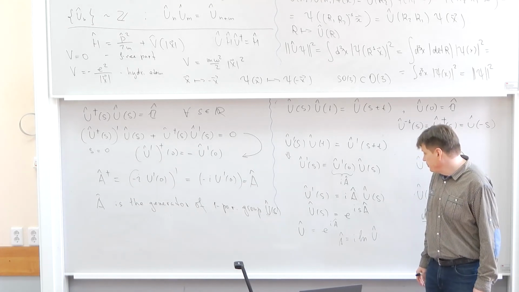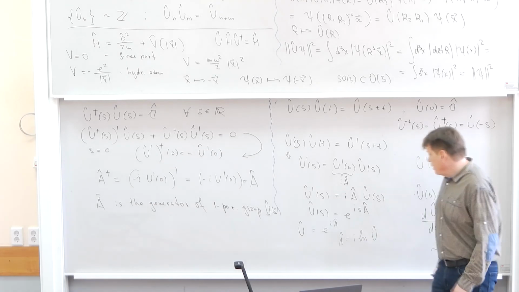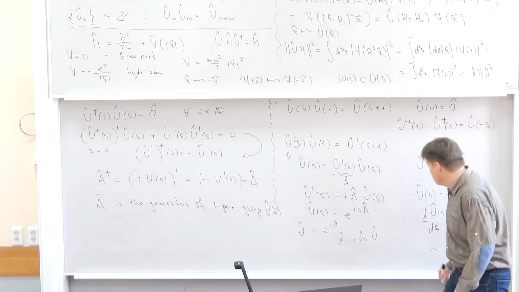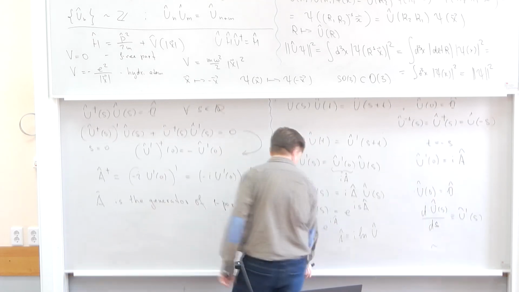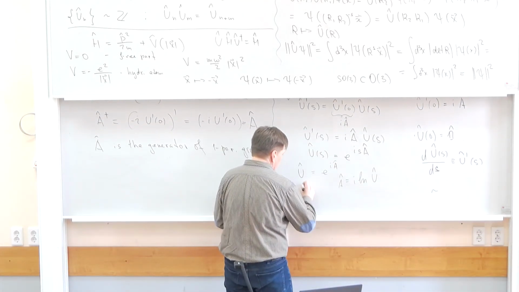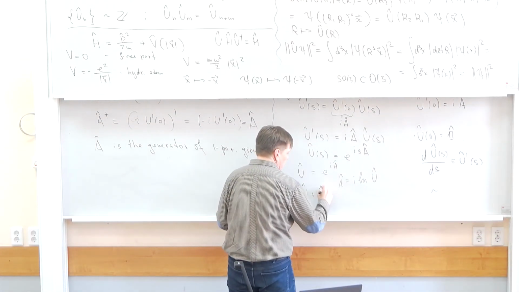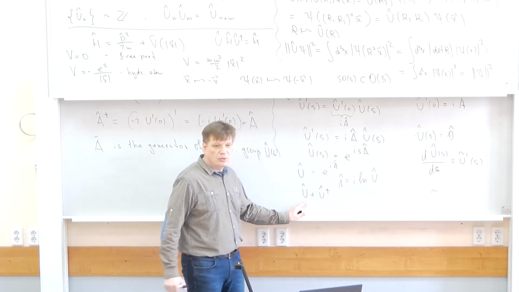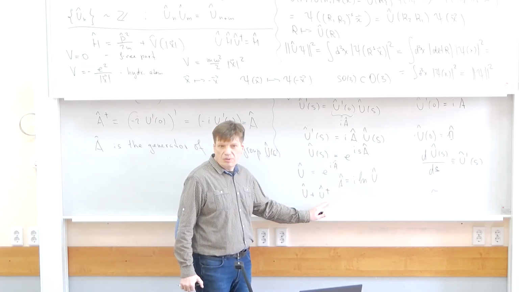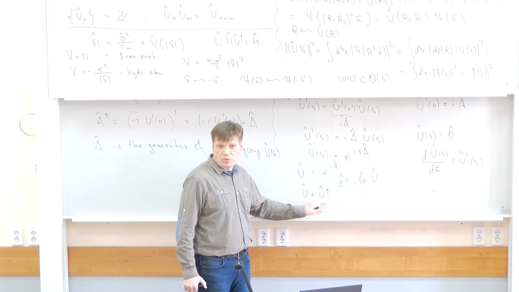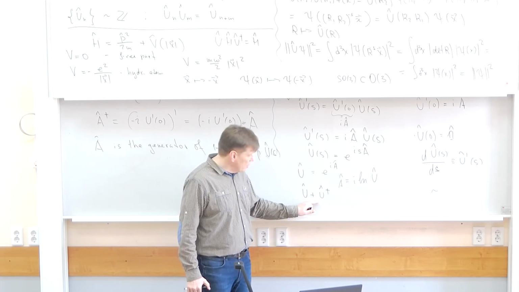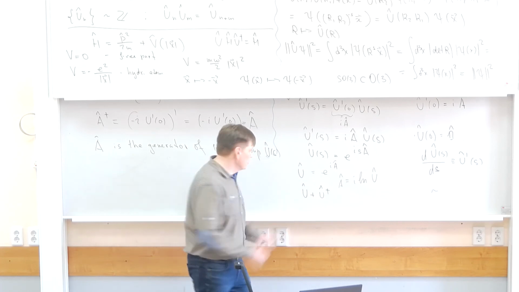Yeah, in principle you may. Another possibility is to just take the Hermitian part of this operator, just take U plus U dagger. Clearly this operator is Hermitian, and it commutes with the Hamiltonian. It's another way.